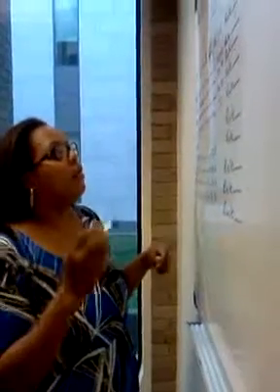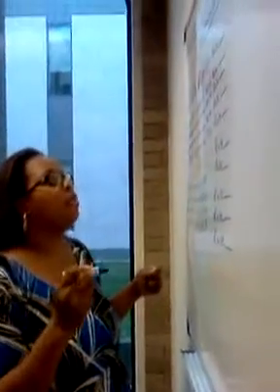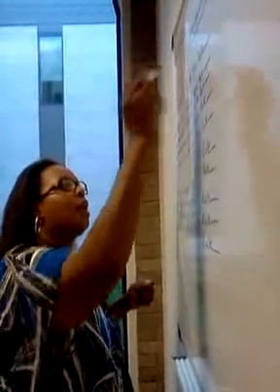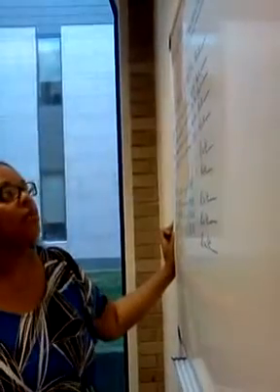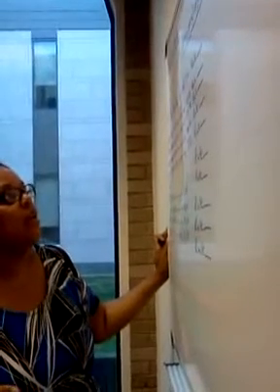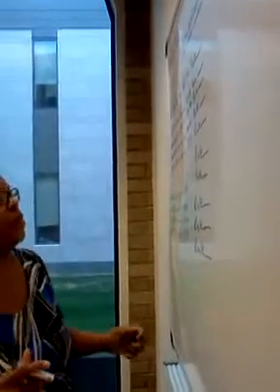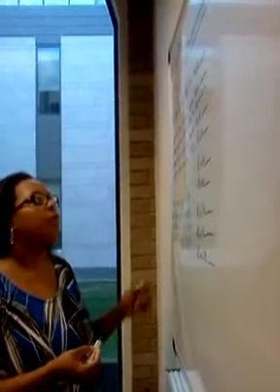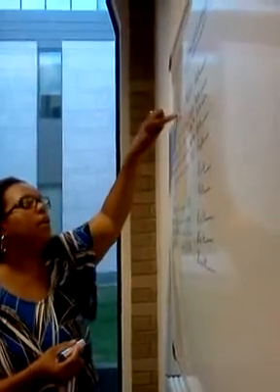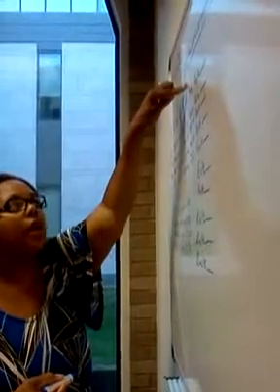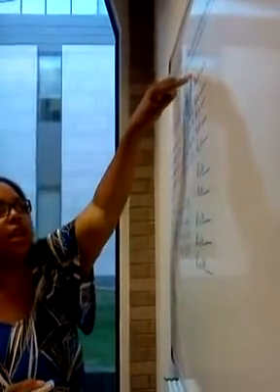So, we have 12. Now we count 2 more: 13, 14. And then we count 2 more: 15, 16. Wow. Well, that might just work. So what would be the rule if we went from 2 to 4 to 6 to 8 to 10 to 12 to 14 to 16?